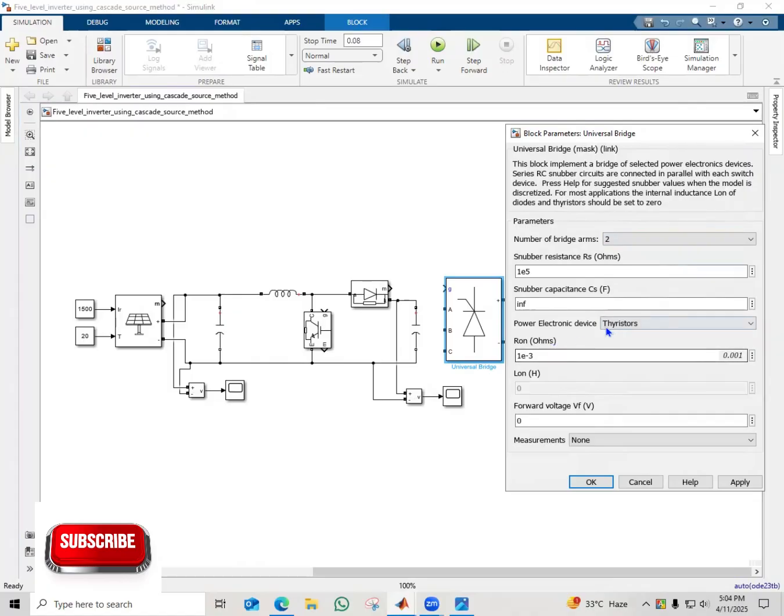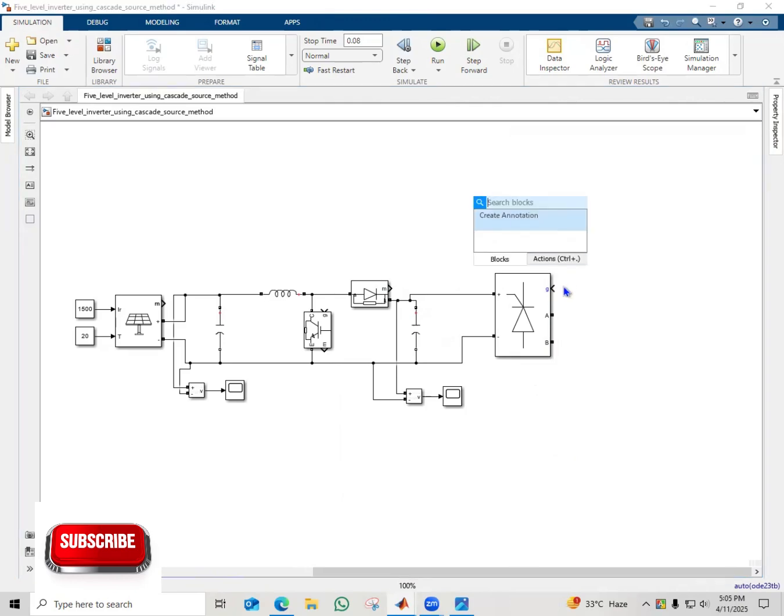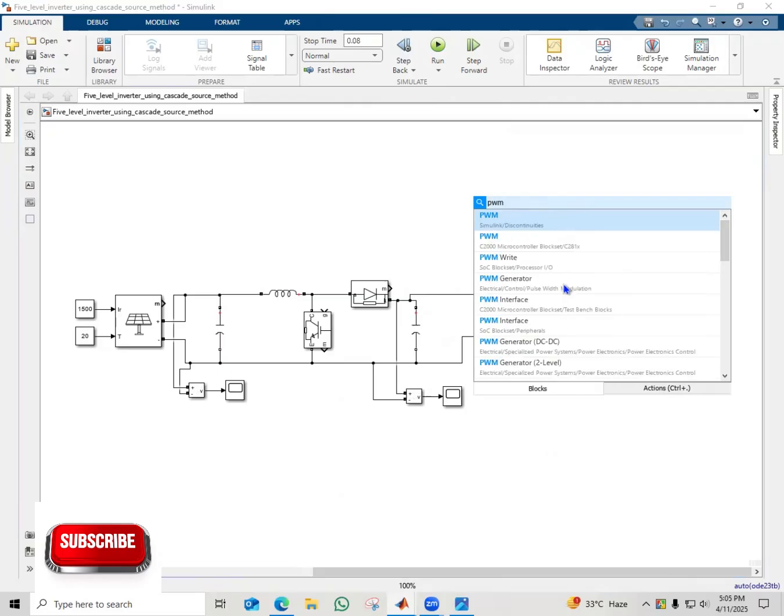Here I am setting some parameters. Now connect these two parts from positive to positive and then negative to negative. Now we need a pulse generator, which is known as PWM.